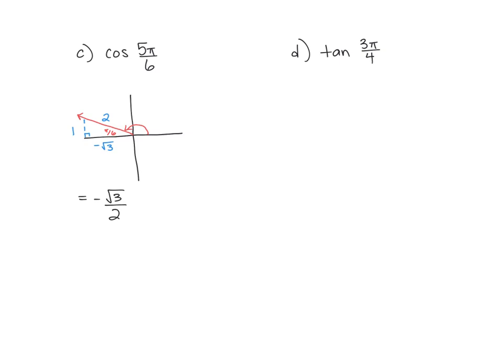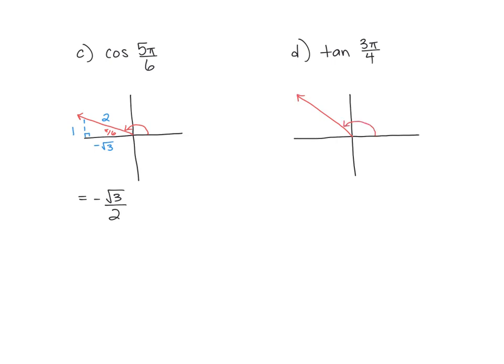So now when I look at D, I'm given tan 3 pi by 4, so I recognize I've been given my angle. I'm going to rotate, and I notice that I am at 3 pi by 4, which means I am pi by 4 shy of a half rotation.